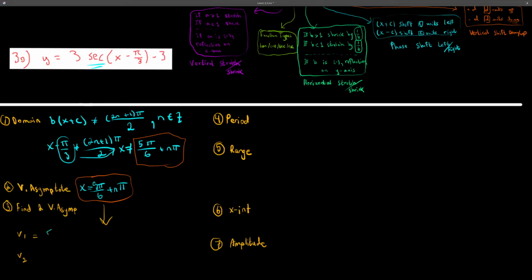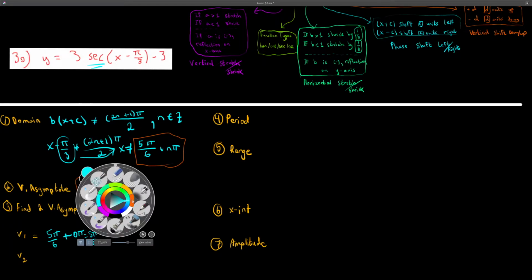So we do 5 pi over 6, and then for example, we take n equal to 1, or instead, we can even take 0 if we want to make it easier for ourselves. And then we do 0 pi, and then the answer will just be 5 pi over 6. So 5 pi over 6, and that's our first vertical asymptote.